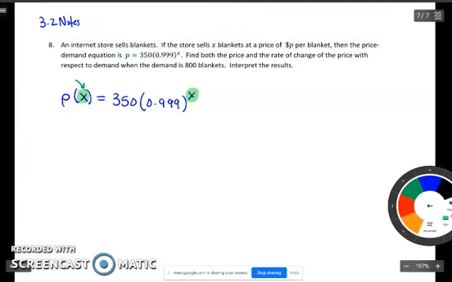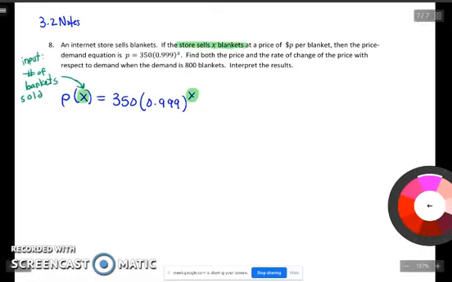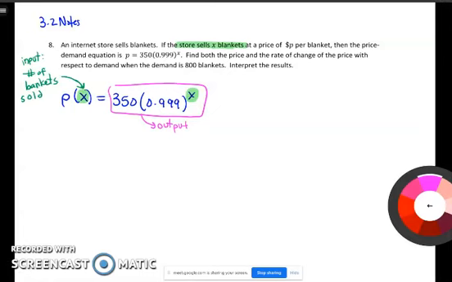What is x again? Yeah, it's the number of blankets that the store sells. And if we input that amount and follow this rule, our output is going to be the price per blanket at that level of demand. So our output is going to tell us the price in dollars that created that demand of X blankets. Maybe 100 blankets, maybe 1,000 blankets.